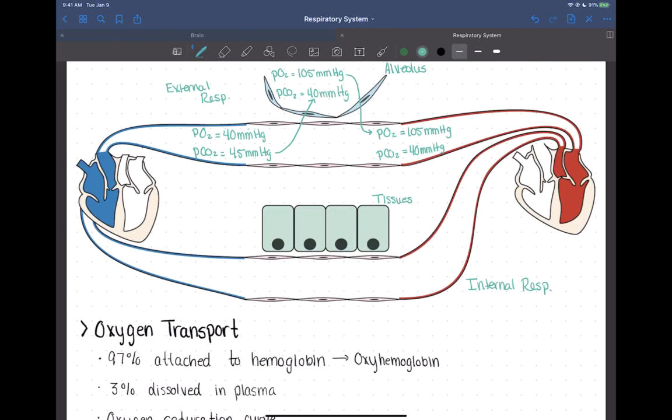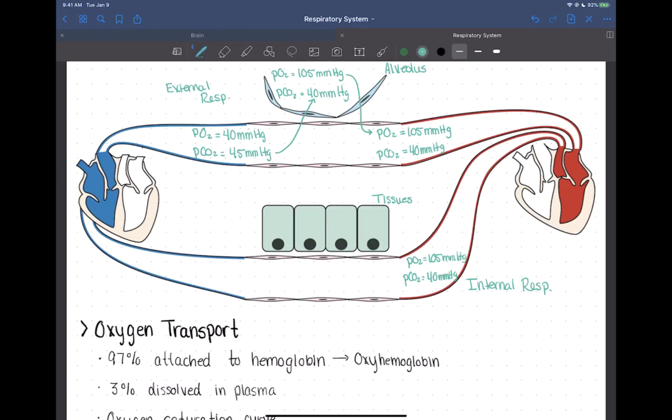So the blood, for internal respiration, is going to look just like this. So we can copy this number here. All right. So we have a PO2 of 105. And we have a PCO2 of 40. Okay, and so the tissues are going to have carbon dioxide that they need to get rid of, and they're going to need oxygen.